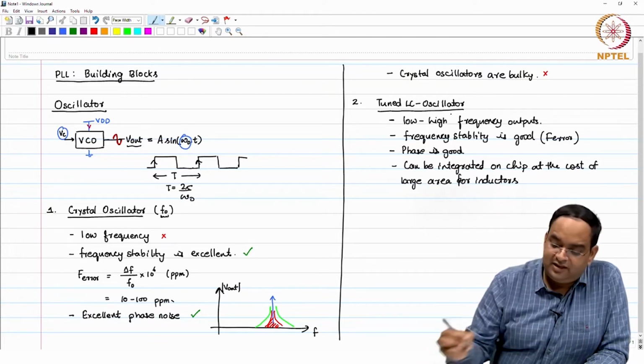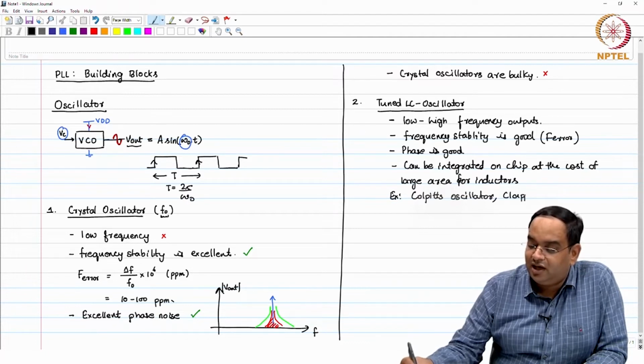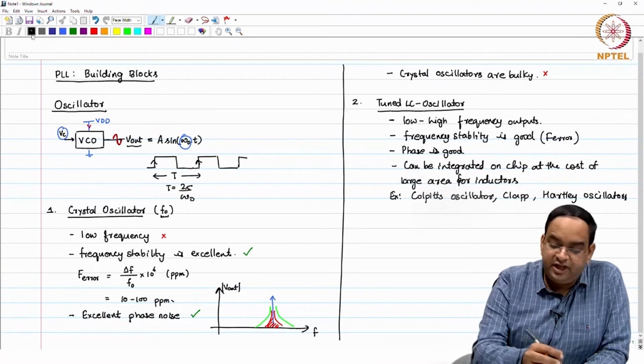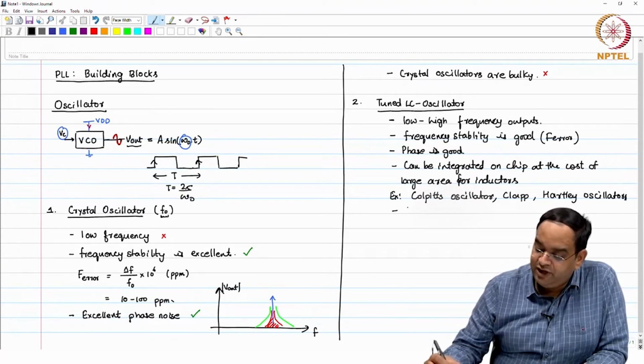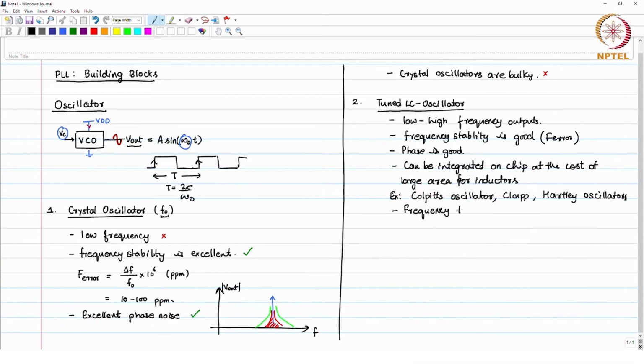Okay. So, the examples of tuned LC oscillators are your Colpitts oscillator, Clapp oscillator, Hartley oscillator. Another bad part about this, I would say, is that the frequency tuning range is limited.